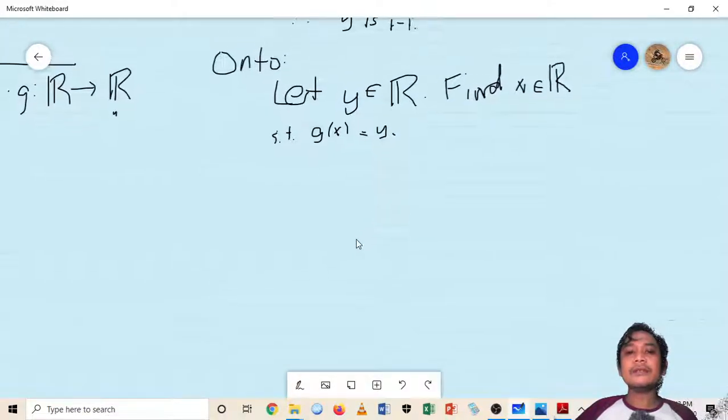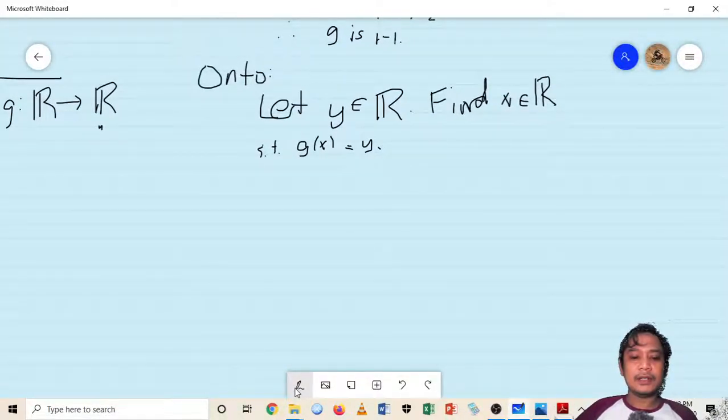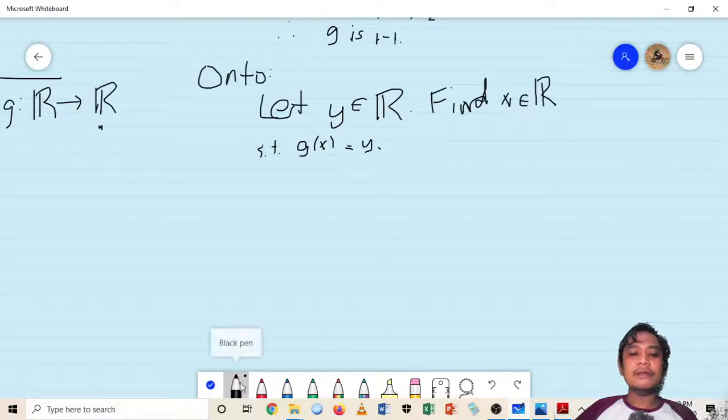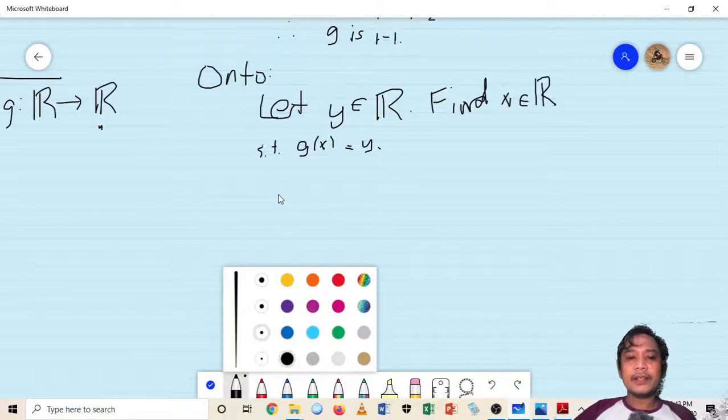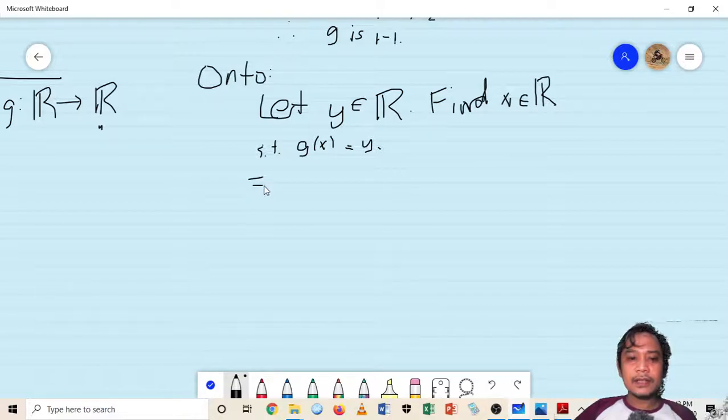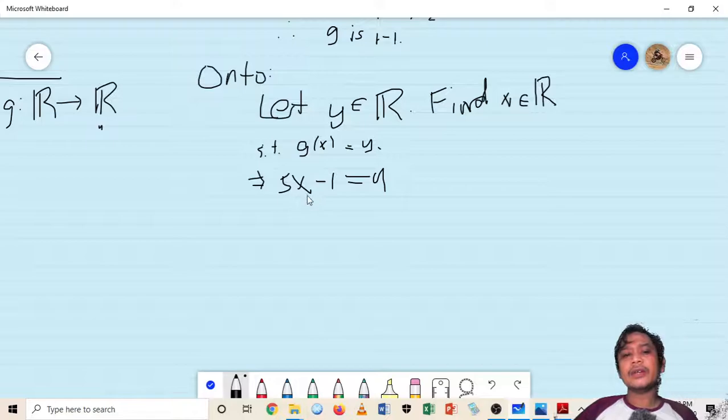Now, by the definition of the function, G of X is equal to 5X minus 1. Therefore, since G of X equals Y, it should follow that 5X minus 1 equals Y. But take note that we are looking for X, and we already know what Y is. Y is a real number.